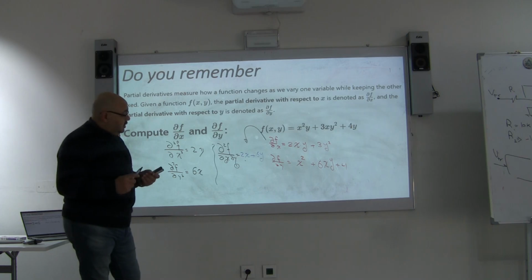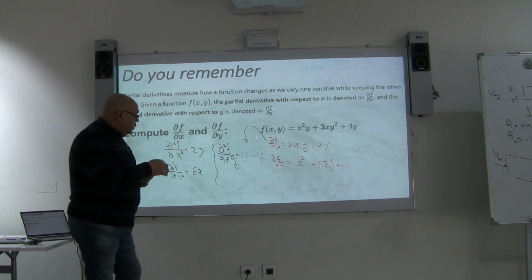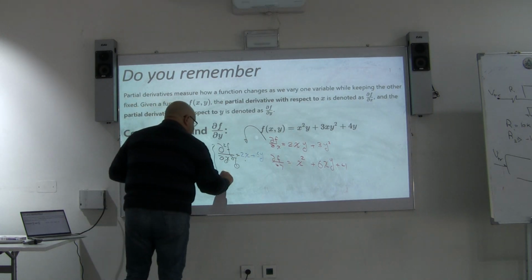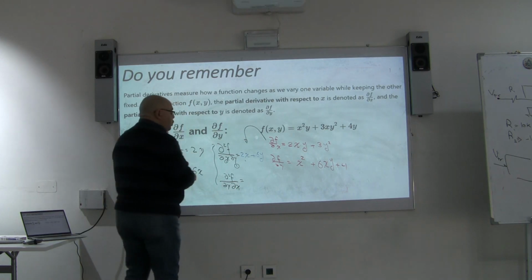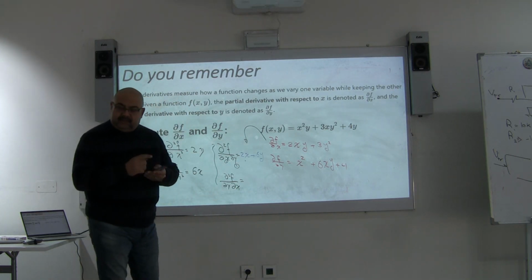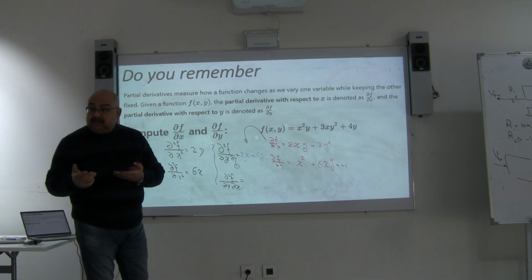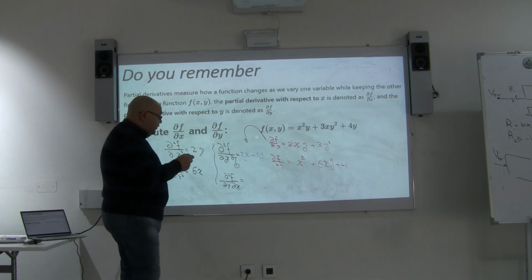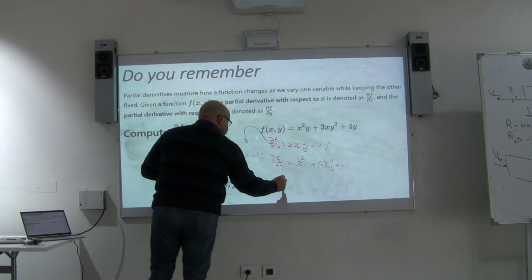The first was with respect to x and the second was with respect to y. In a similar manner, if I want to get partial 2f, partial y, partial x, which means I will get the second derivative of the function, first with respect to y, then with respect to x. So that's the first derivative with respect to y.